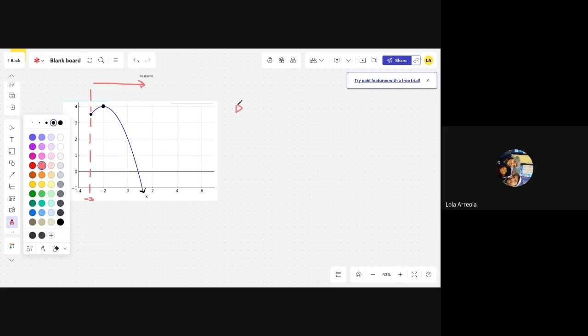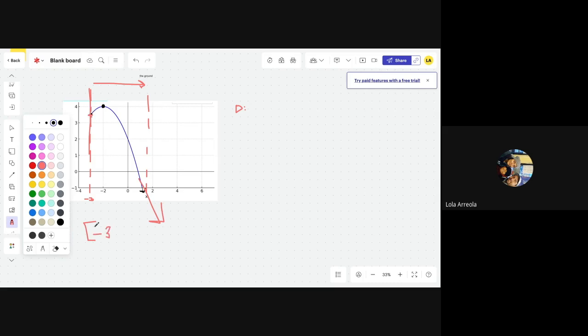Looking for the domain. Can I put a bound on something that has an arrow? No, this is going past that line. This one I can. It's like a bound right there. So for sure, it's at -3, and there's a closed dot at that point.